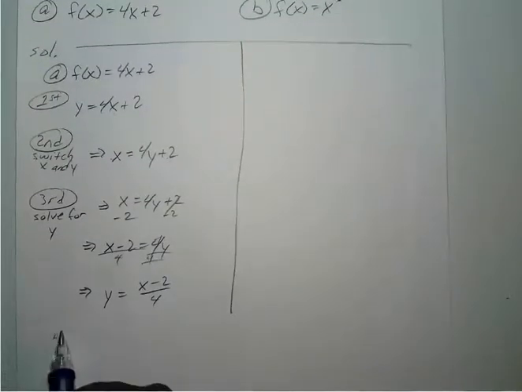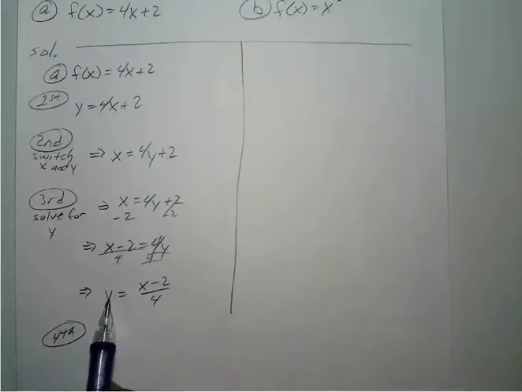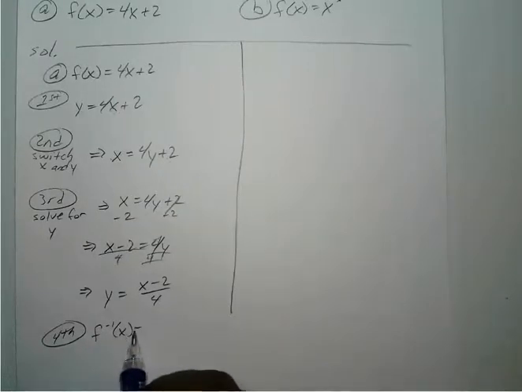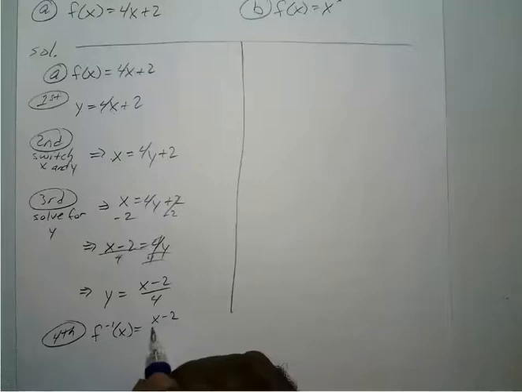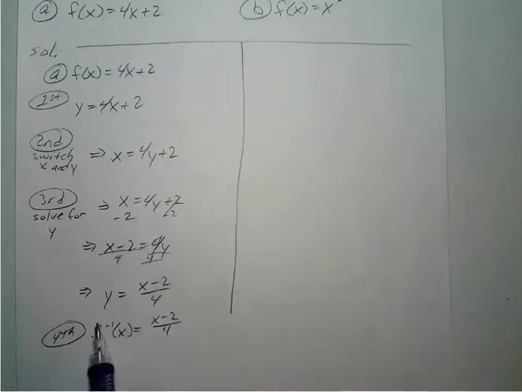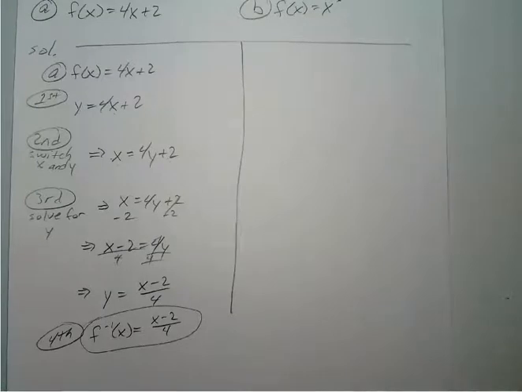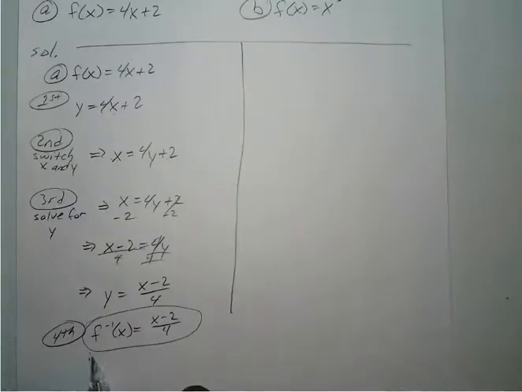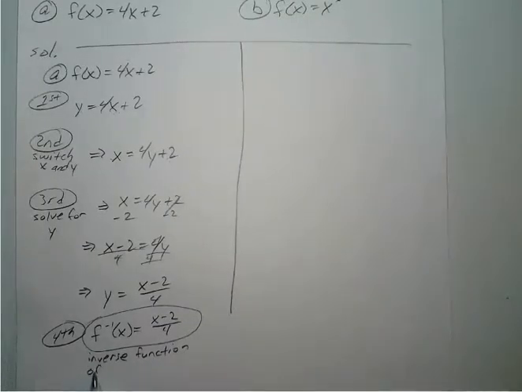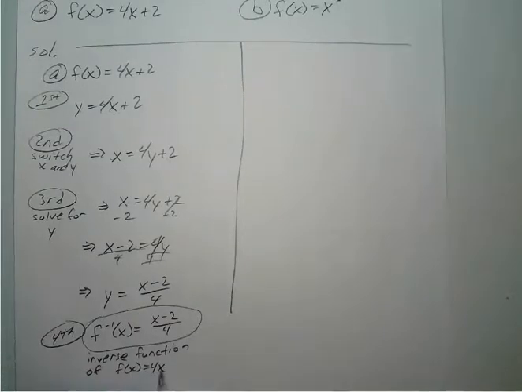Then your fourth step, replace that y with f inverse. So f inverse of x equals x minus 2 over 4. Okay, and this is the inverse function of f of x equals 4x plus 2.